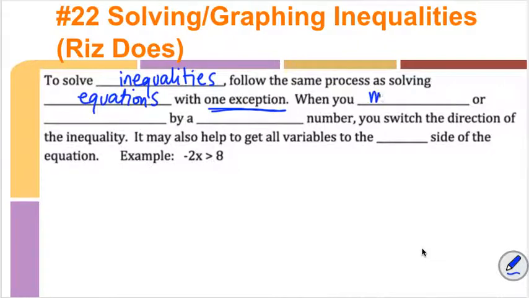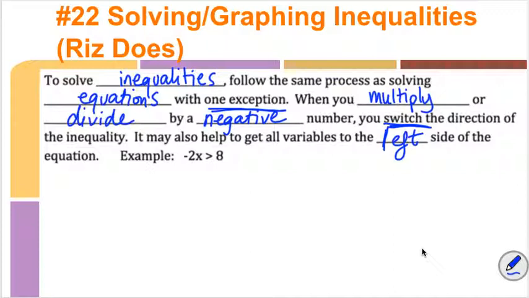When you multiply or divide by a negative number, you're going to switch the direction of the inequality. Also, it may be helpful to get all of the variables to the left side of the equation, just so you don't confuse yourself with less than and greater than.